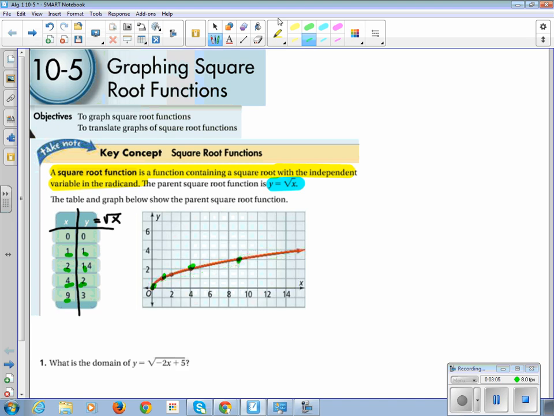My smooth curve just went south. And your square root functions are always going to be like that. I can't get my line to curve. Okay.